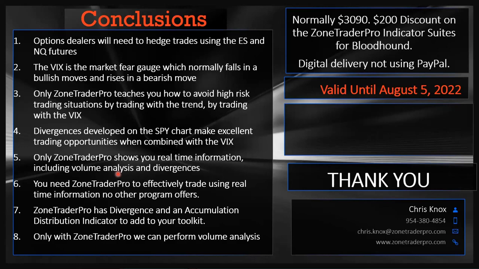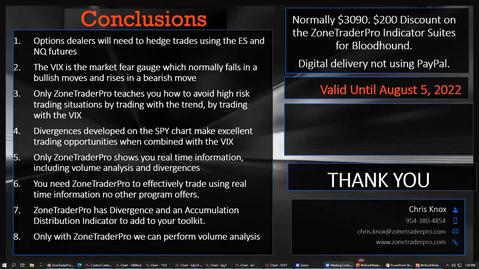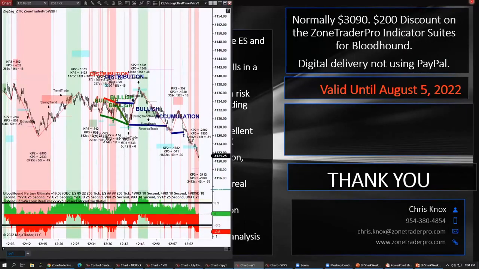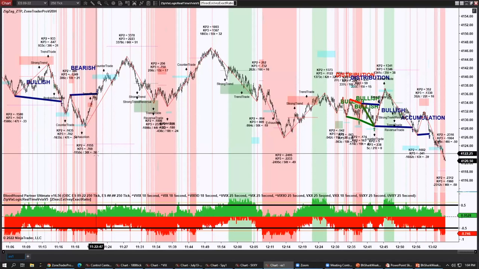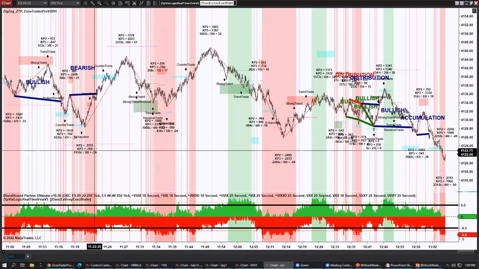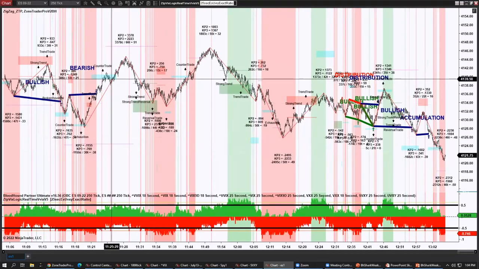As I also said, Zone Trader Pro has the divergence and accumulation built into that divergence toolkit. Very interesting, because it is one way to see divergence and accumulation, but with the numbers, and this is again something I didn't really mention a lot, there's numbers being created here, and this number down here is showing me how much people want to get long, want to get short.